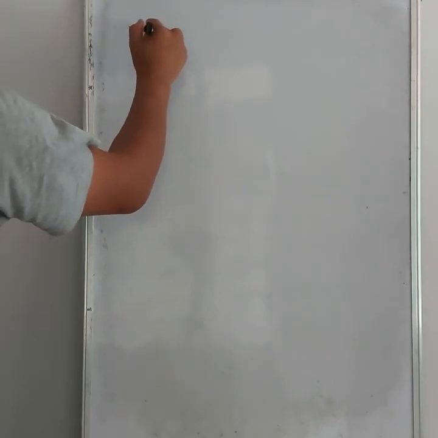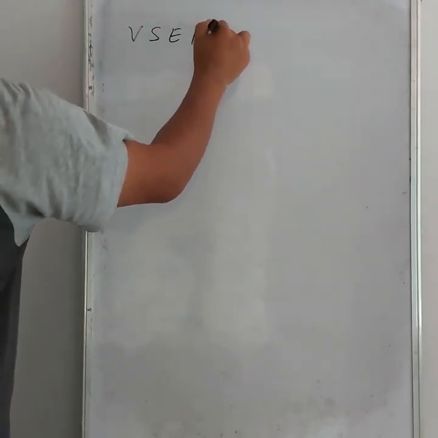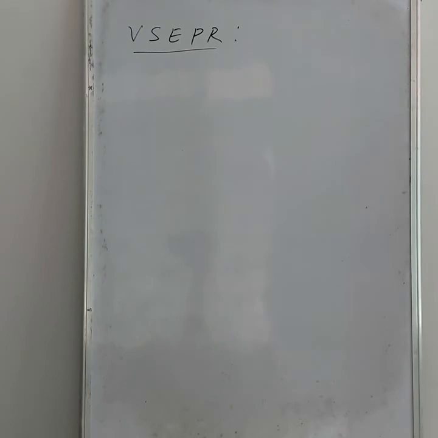Alright, now let's discuss valence shell electron pair repulsion theory. We know about Lewis dot structures and how covalent bonds are formed by sharing of electrons. According to this VSEPR theory, it gives you an idea about the geometrical shapes of different molecules.